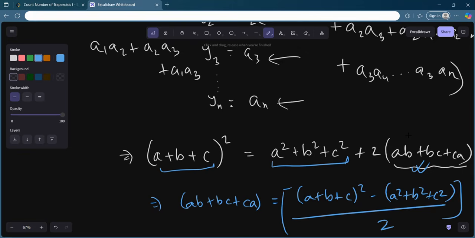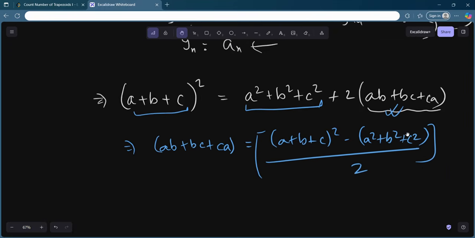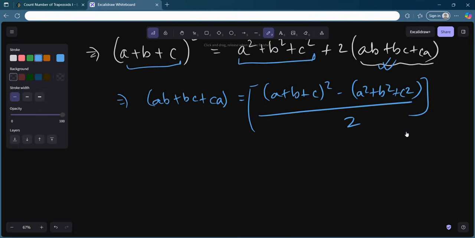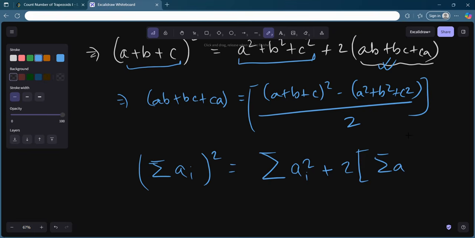So now how exactly will this work? In general you can write for summation of ai whole square: summation ai square plus 2 into summation ai aj, okay.